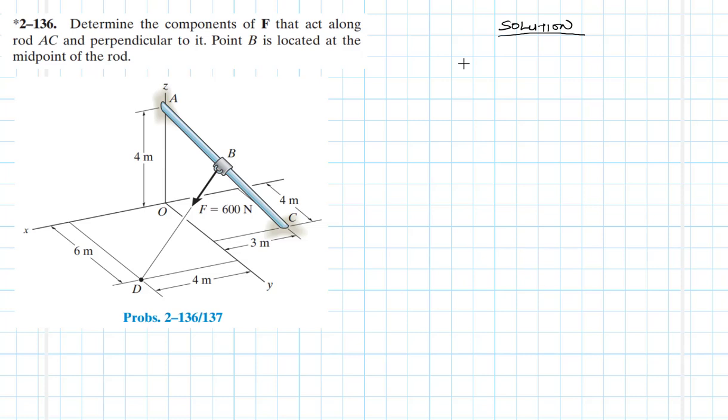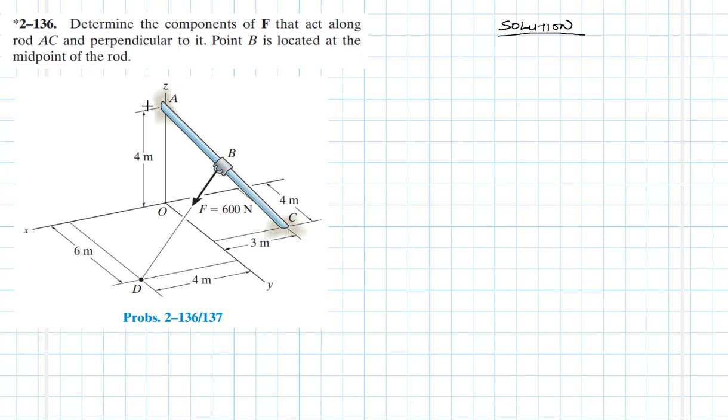So we have the rod that is connected at A and C, and there is a force applied at the midpoint of the rod AC, and the force is exerted from B to D. So we have been asked to determine the components of F that act along the rod AC and perpendicular to it.